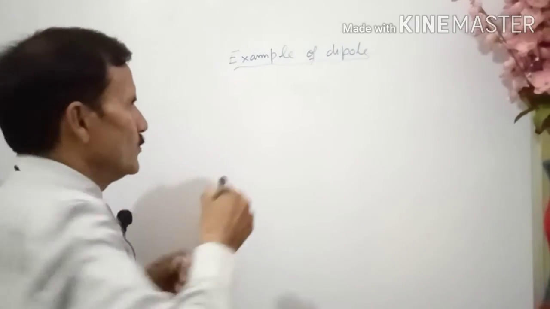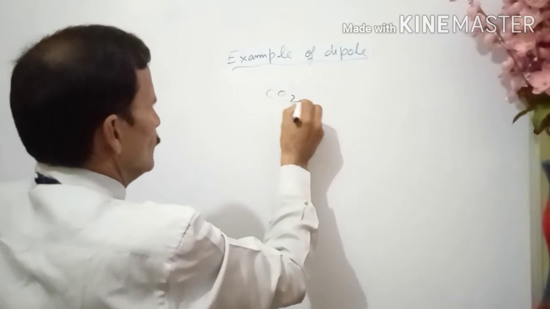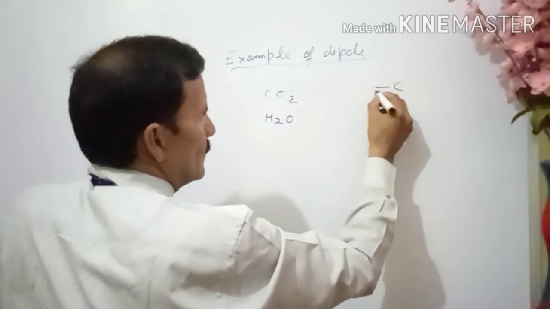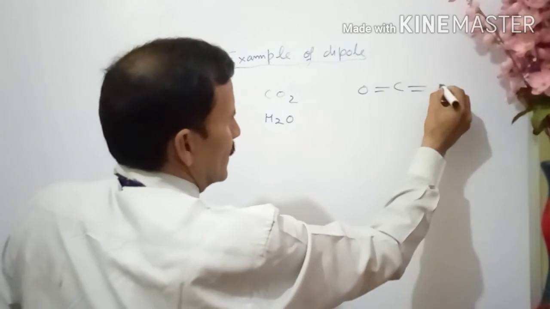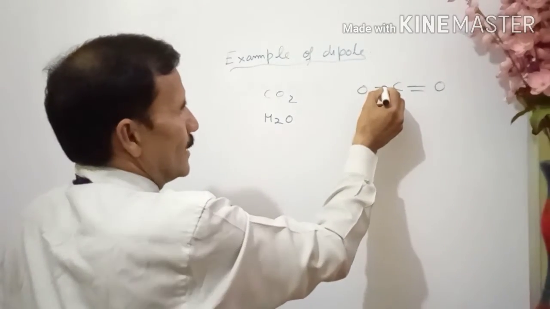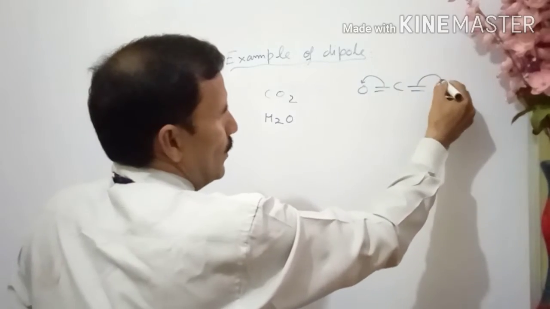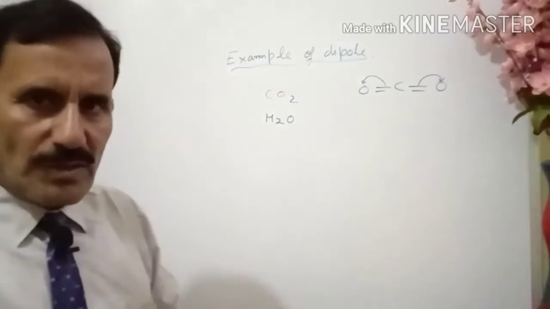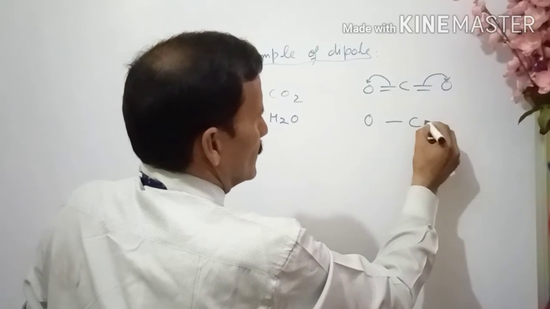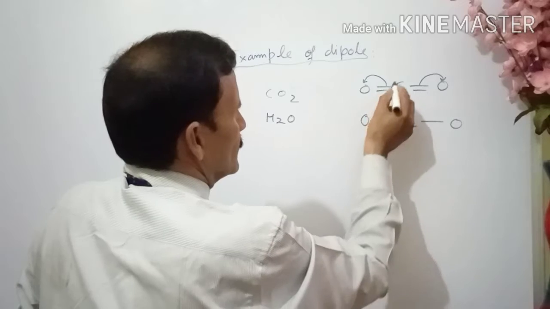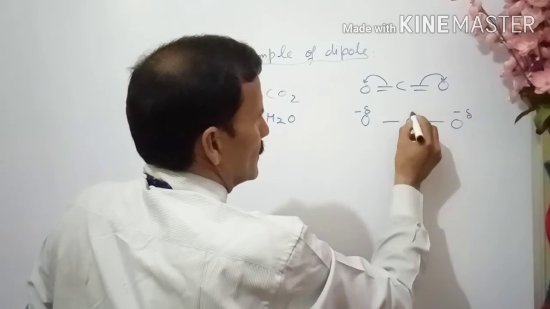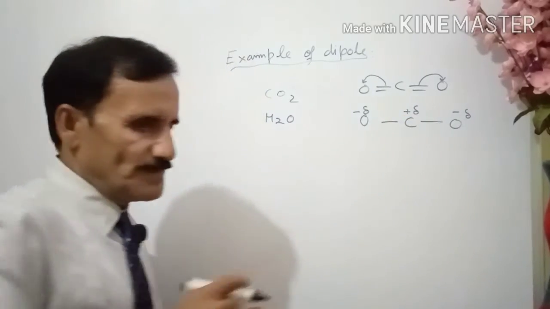Suppose we take CO2, carbon dioxide, with two oxygens. In carbon dioxide you have a structure like this, and the shared electrons shift toward oxygen, which is more electronegative than carbon. So what happens here? You get it like this. Here the electrons come, so it is minus, here minus, and the carbon becomes positive.